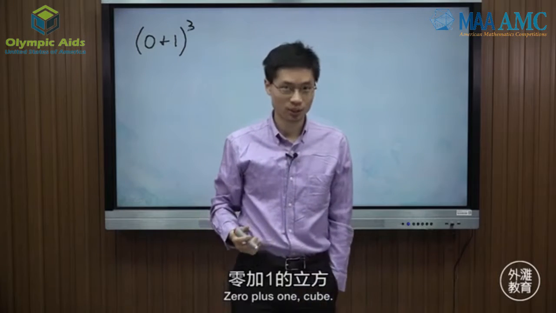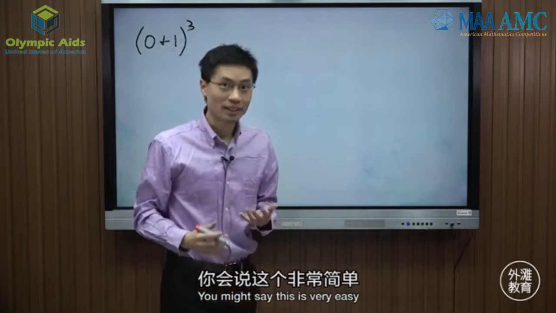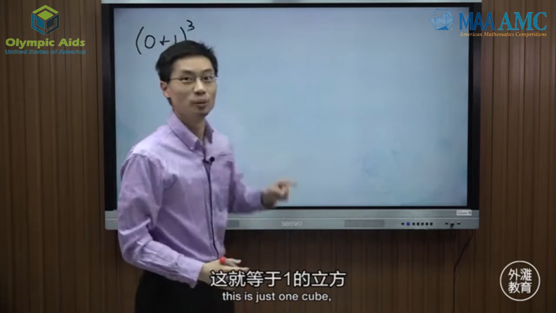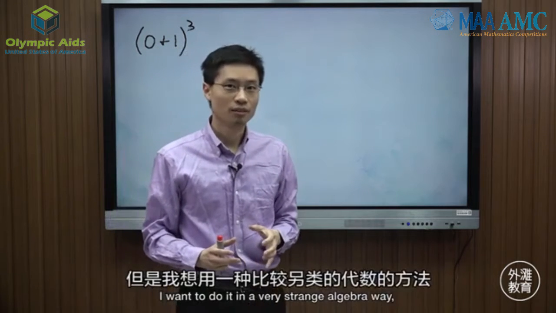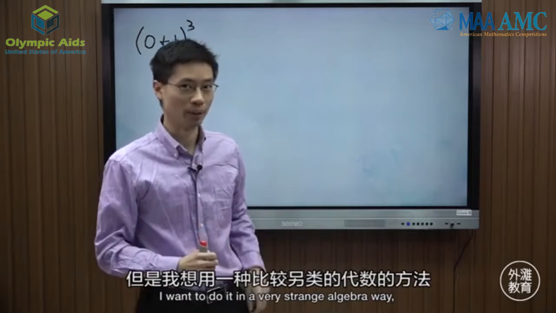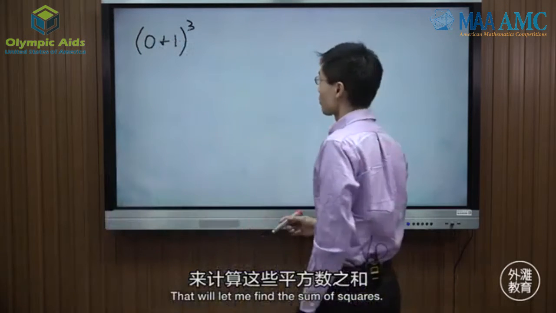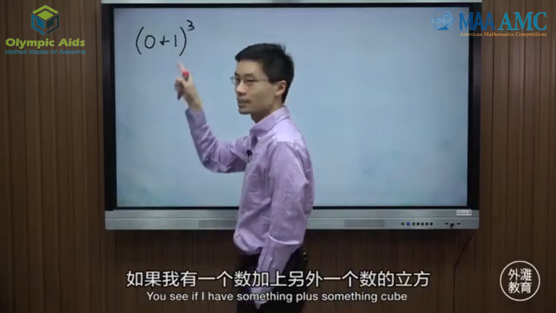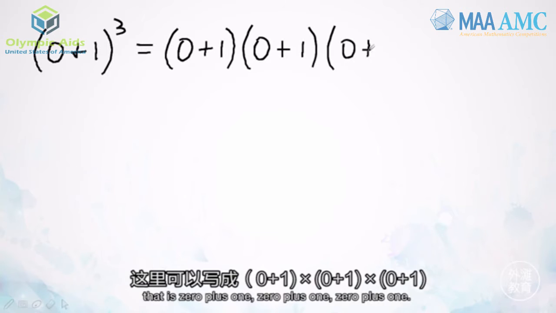0 plus 1 cubed. Now, you might say this is very easy. This is just 1 cubed, which is 1. But I want to do this in a very strange algebra way that will let me find the sum of the squares. You see, when I have something plus something cubed, well, that is 0 plus 1, 0 plus 1, 0 plus 1.